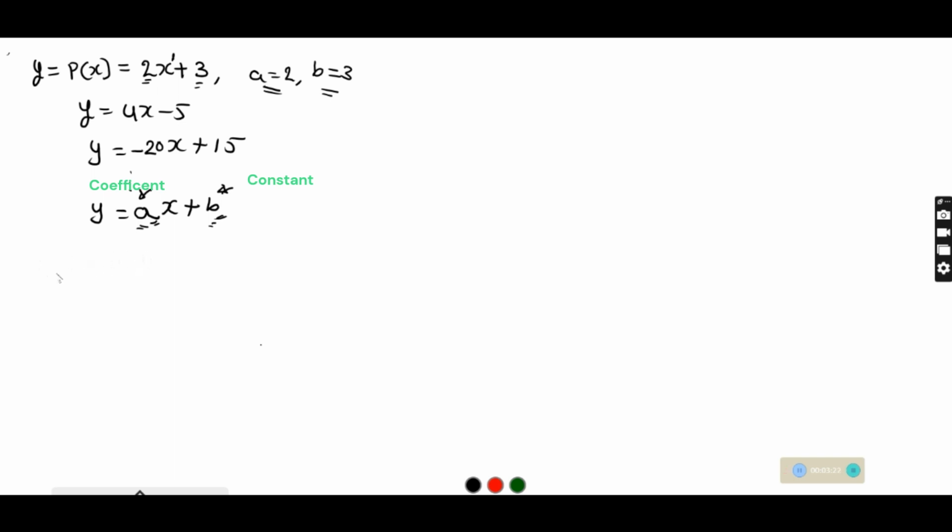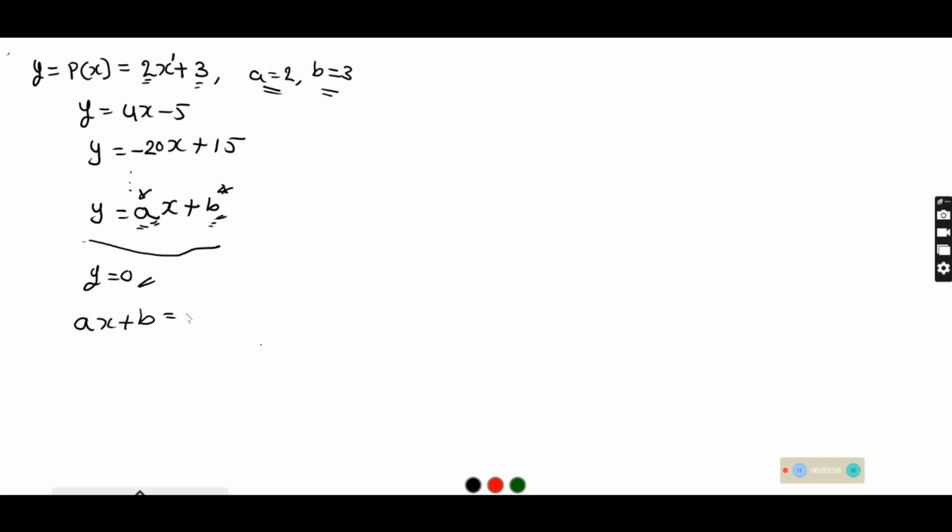Now for the zeros of the equation. To find the zeros or roots of a polynomial equation, you set y equal to 0, and the value of x is called the root of the polynomial equation. This is the generalized form of the linear equation: y is equal to ax plus b.